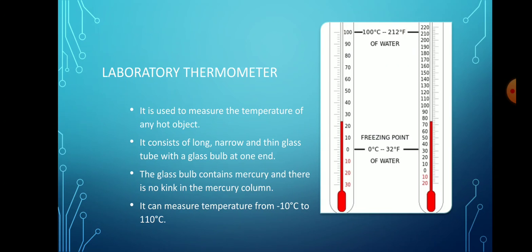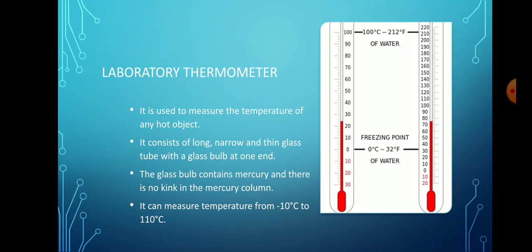Now, we should learn about laboratory thermometer. It is used to measure the temperature of any hot object in the laboratories. It consists of long, narrow and thin glass tube with a glass bulb at one end. The glass bulb contains mercury and there is no kink in the mercury column.